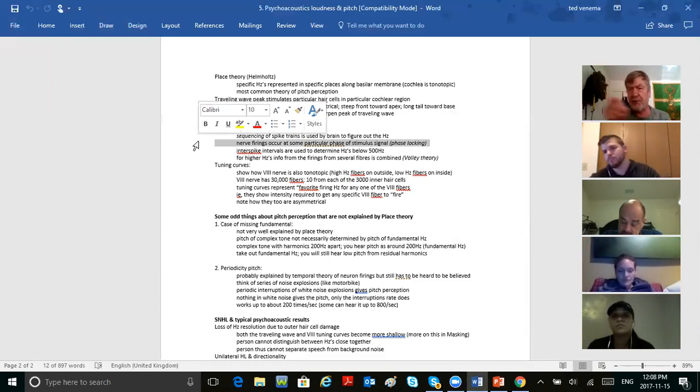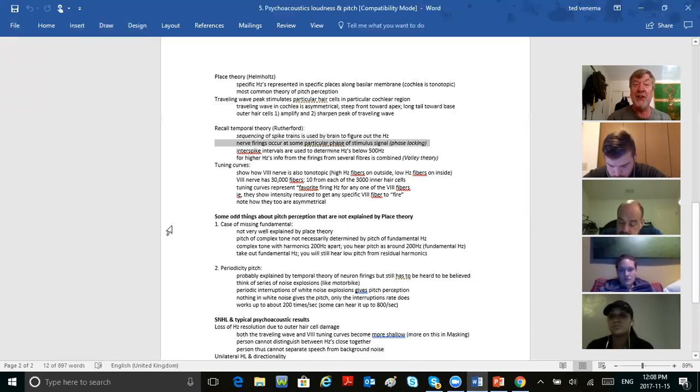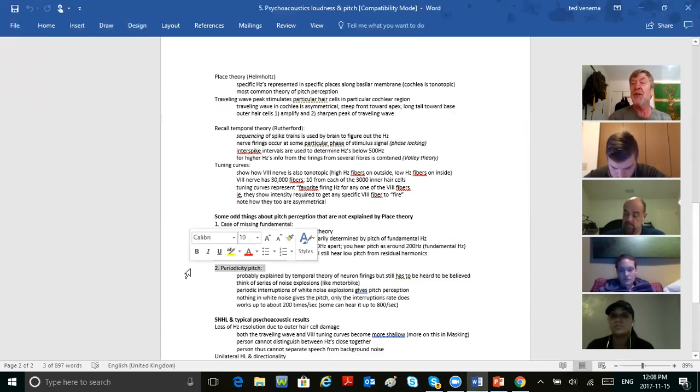It's not really the place along the basilar membrane, like Helmholtz is saying. Well, let's just take it home here. Helmholtz is probably right, but there's a couple of things in Helmholtz's theory that do not explain very well. One is the case of the missing fundamental, and the second one is called periodicity pitch.